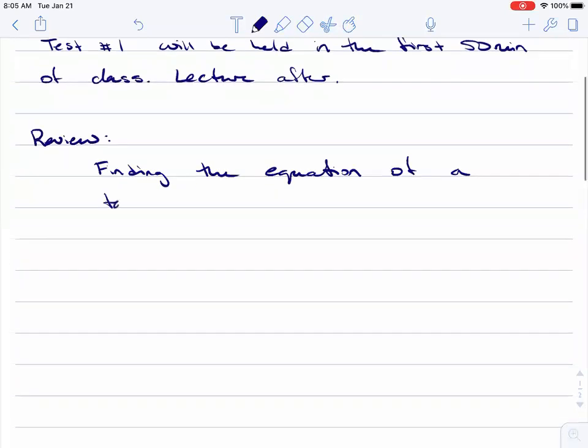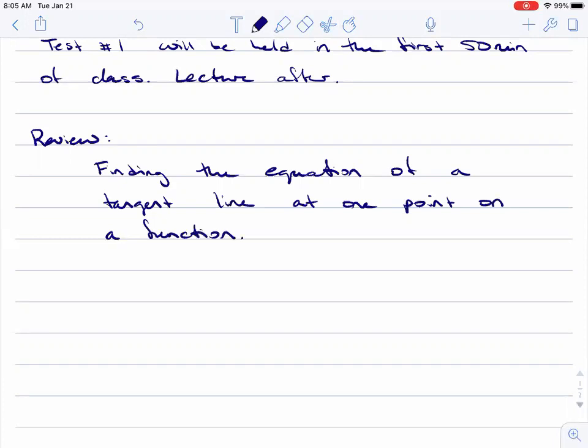The tangent line is like the line that touches the curve only at one spot. So finding the equation of a tangent line at one point on a function, on a graph, we wanted to find the equation of the tangent line.